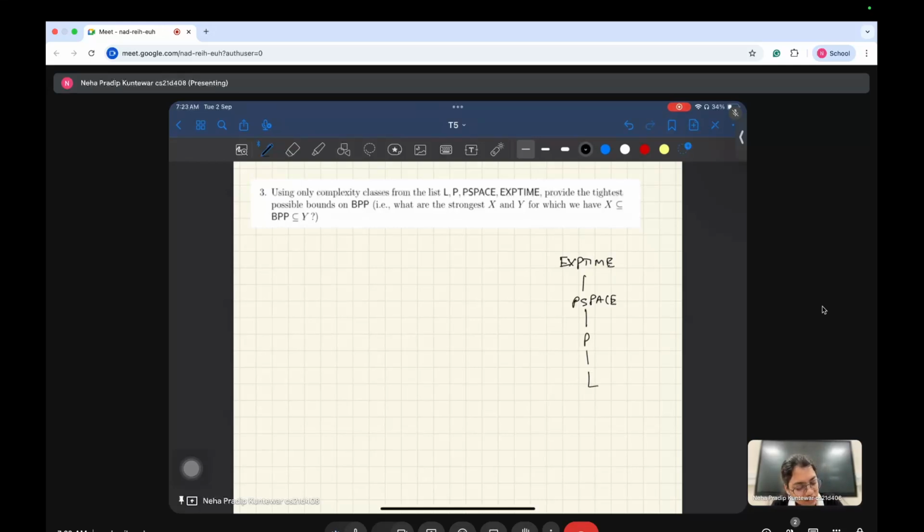The question is, where does BPP fit in here? So we want to give the position of BPP in this hierarchy.